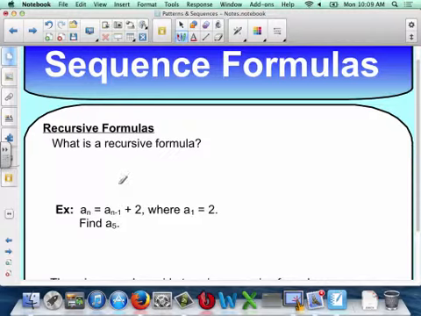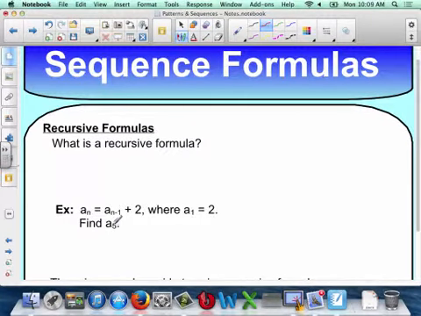It looks complex, but it's really not that bad. In order to find A sub 5, what do I need to know? A sub 4. If I want to know A sub 4, I need to know A sub 3 and A sub 2. So you see the problem here. We start off with A sub 1 is 2. How do I go to A sub 2?